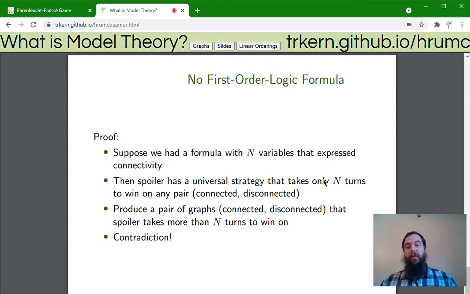So second order logic adds in a new type of variable that allows you to talk about not just vertices, but also sets of vertices. And we can talk about a vertex being in a set of vertices, and we can talk about for any set of vertices, and there exists a set of vertices. And in that language, you can talk about things like graph coloring. You can talk about things like connectivity.